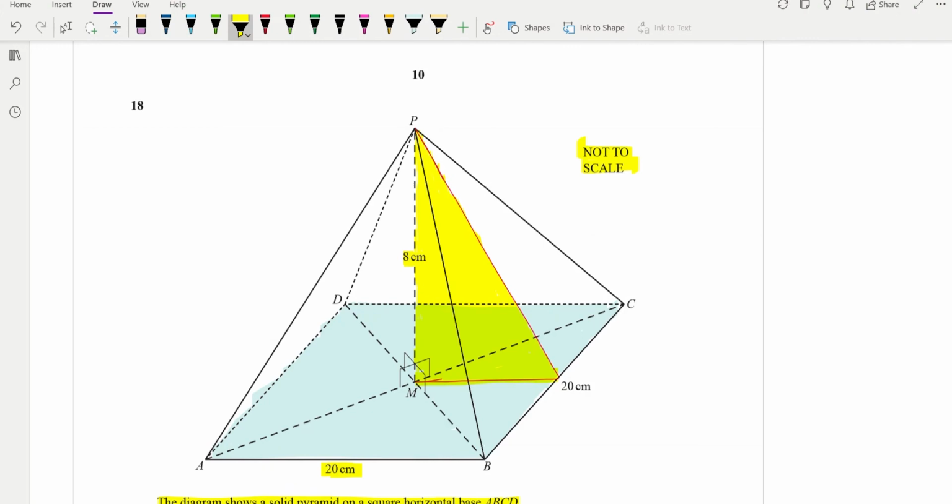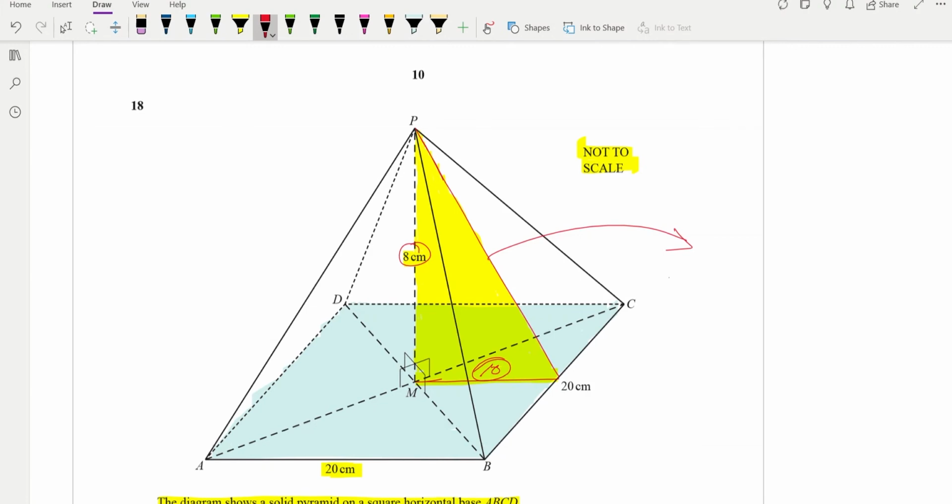Slanting areas are four areas, and we want to find the slanting height. For the slanting height, we will consider this shaded triangle and check for this length. One side is 8, the other side is half of this 20. Half of 20 will be 10, so this side is 10.